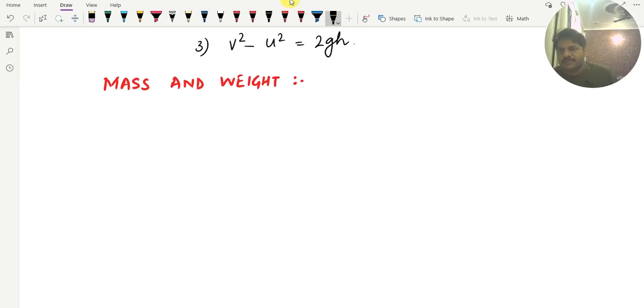Now what is mass? Mass is the quantity of matter present in a body.